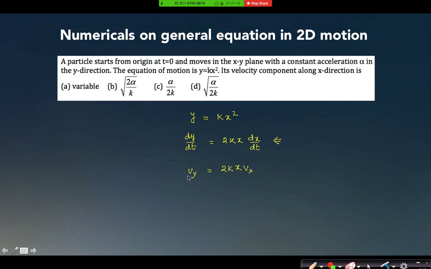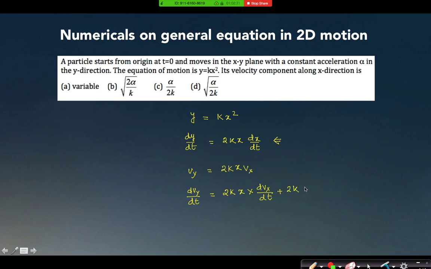What I will do now, I will again differentiate this vy with respect to time. So if I differentiate, dvy by dt, I will get 2k into x dvx by dt. Here I have taken x to be a constant while differentiating, and in the second part I will make vx to be a constant and I will differentiate x.